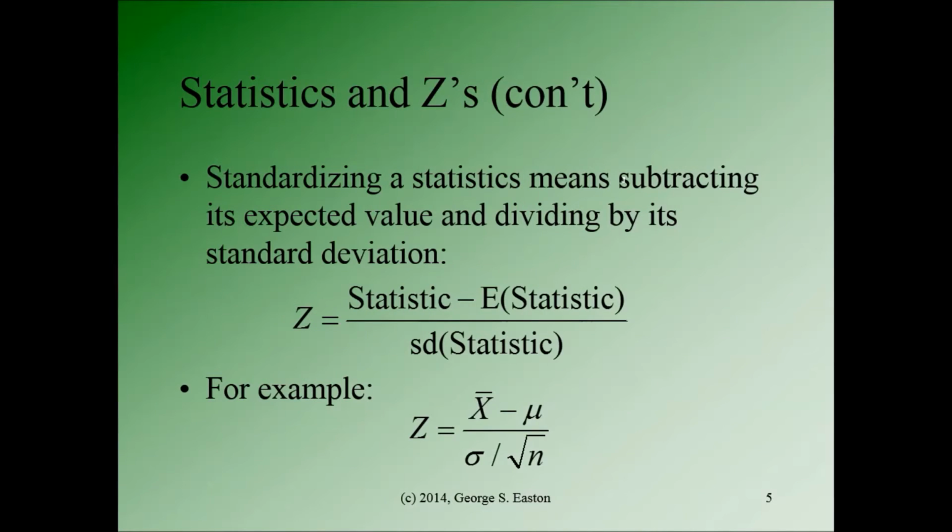So what is standardization? Standardizing a statistic means that you subtract its expected value and you divide by its standard deviation. For example, if you take x-bar and subtract mu, its mean, and then divide by the standard deviation of x-bar, which is sigma over the square root of n, you will get a random variable that's often labeled Z that will have a standard normal distribution, at least as the sample size becomes large enough that the central limit theorem takes effect.